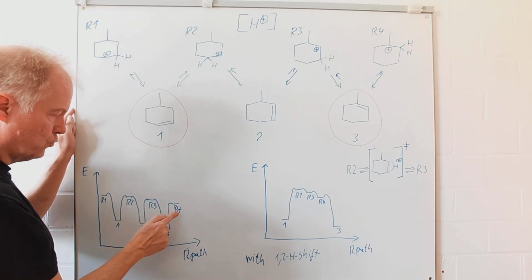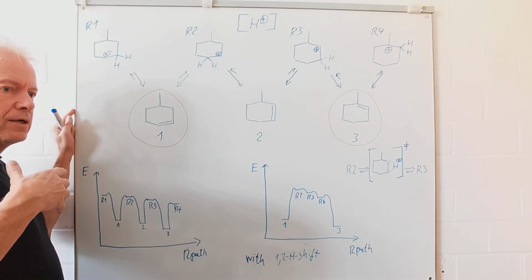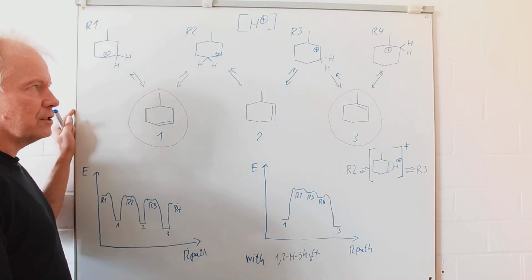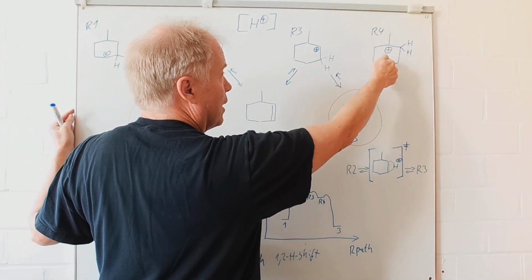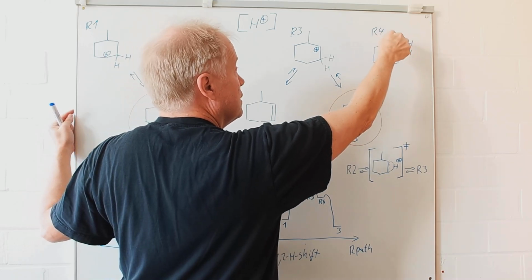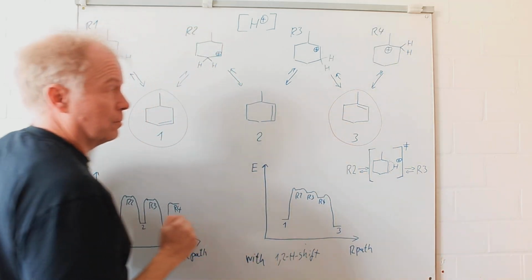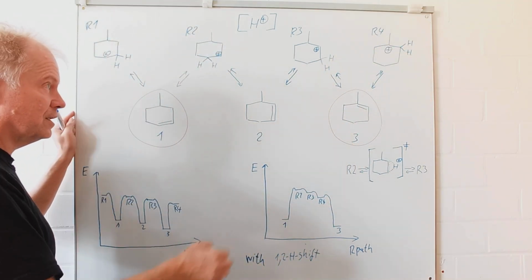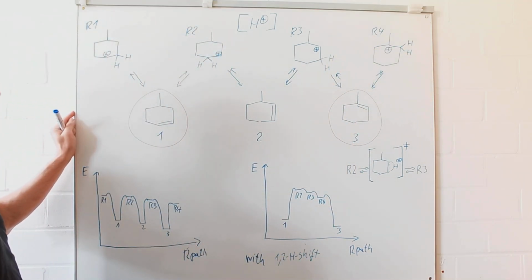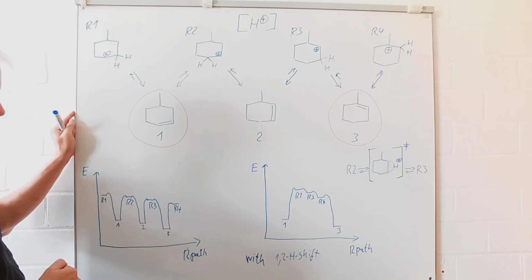From R3 to R4, it is a rather distinct step, because here it's the first time where we have a 3 times substituted carbenium ion. This tertiary carbenium ion is clearly the most stable one. So this is a solution to our problem.